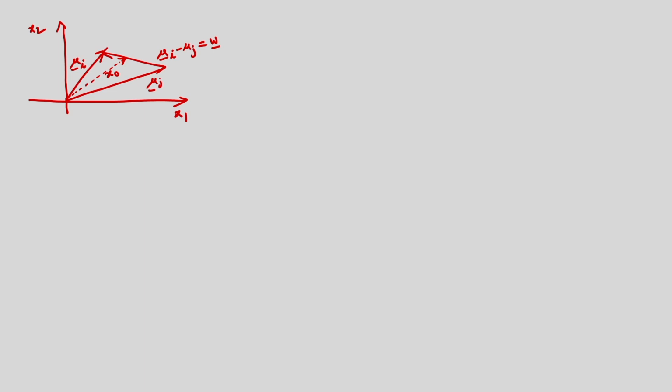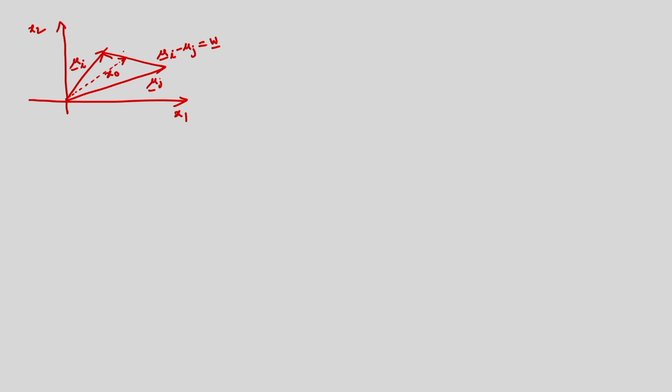So the hyperplane will pass through the point x naught. And if I consider the probability of Wi equal to probability of Wj, then x naught is equal to 1 by 2 mu I plus mu j. That already I have calculated. So the hyperplane will pass through the mean of mu I and mu j, and also the hyperplane is orthogonal to the vector w.